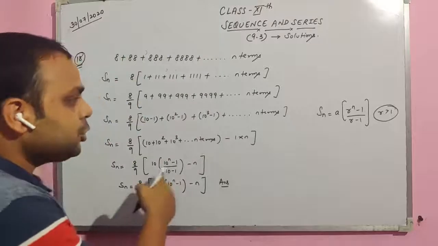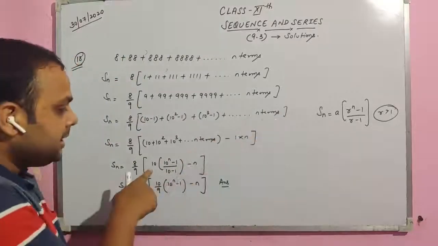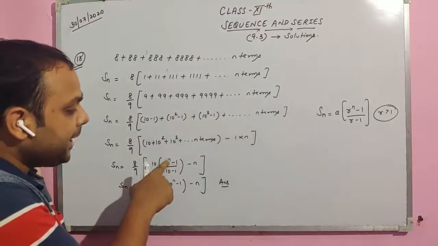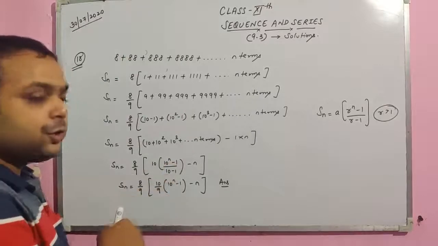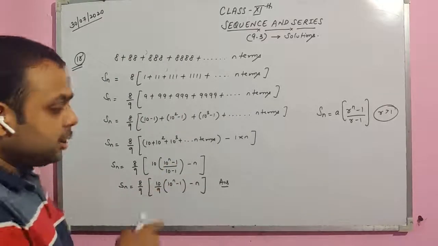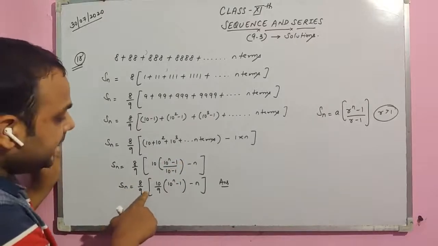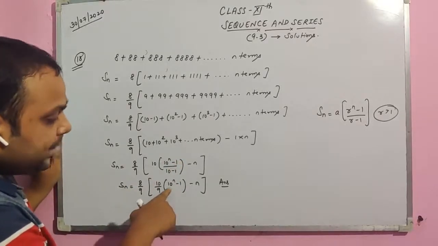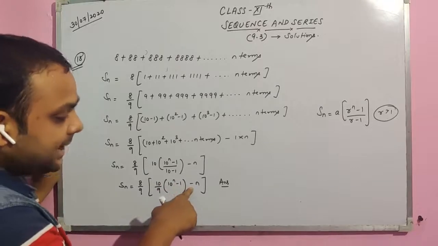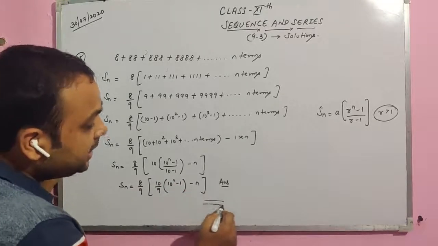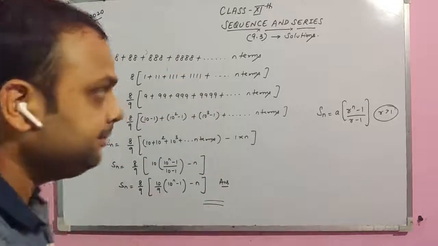Here r is 10, so we apply this formula: a, r to the power n minus 1 upon r minus 1, minus n. Simplifying this, we get the sum as 8 upon 9 multiplied by 10 upon 9 into 10 to the power n minus 1, minus n. So this is the required answer of question number 18.